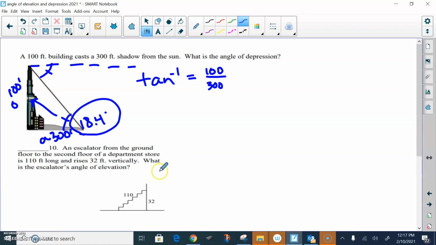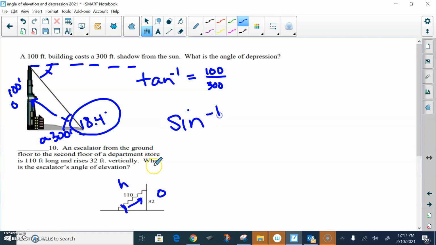Okay, one more. An escalator is 110 feet long. There's our escalator. And it rises 32 feet up to the next level. So the question is, what's the angle of elevation? So that's going to be right here that we're looking for. So this is our opposite, and this is our hypotenuse. Opposite hypotenuse tells us we're using sine.